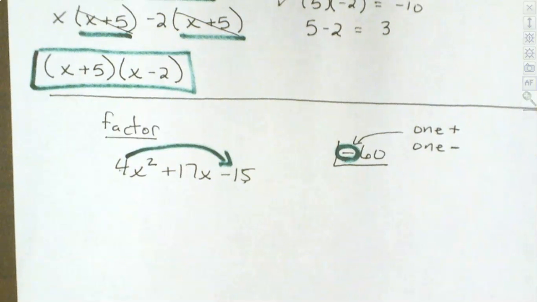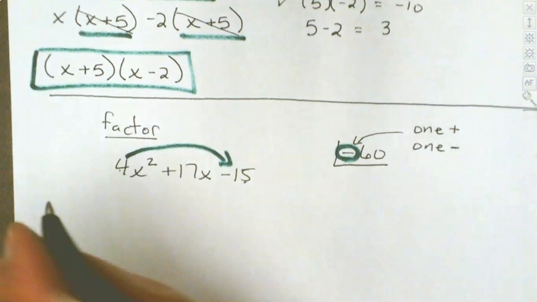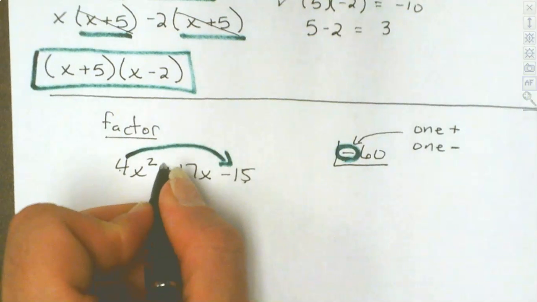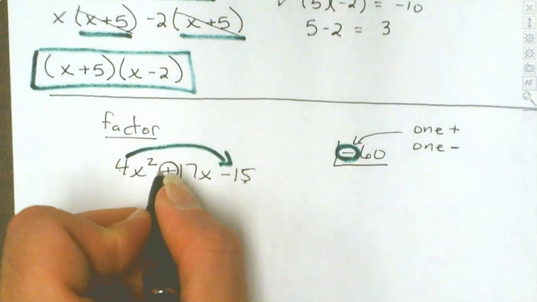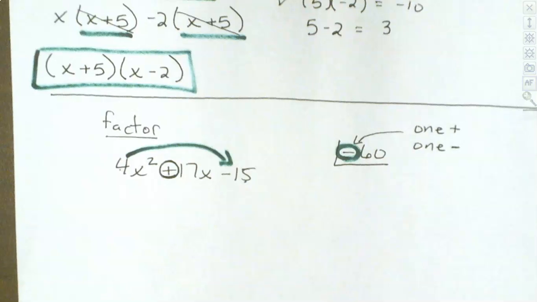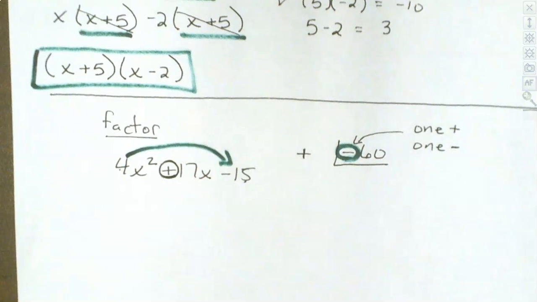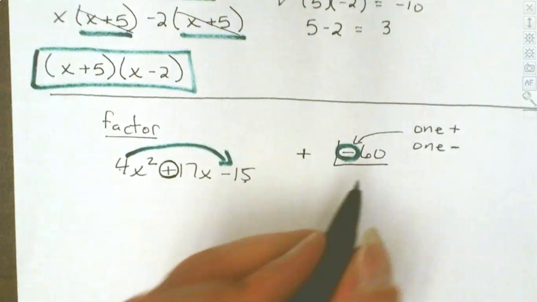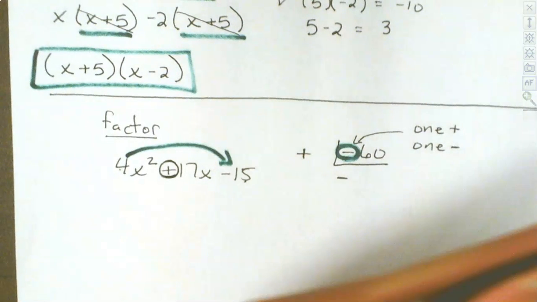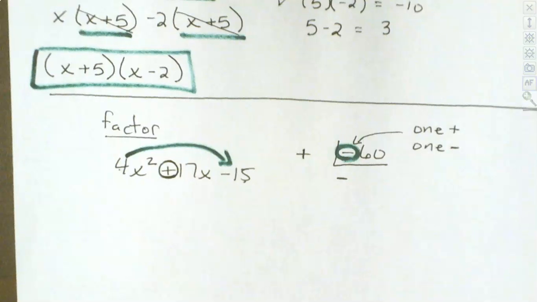And we'll look at some of those here in a moment. Now we look at the sign in the middle. And what's our sign in the middle here? Well, our sign in the middle is positive. So that means we've got a positive for the larger number. It goes first. And a negative for the second number.